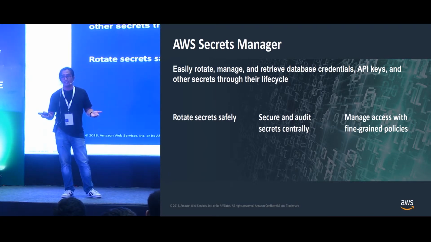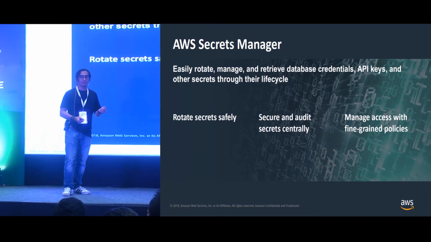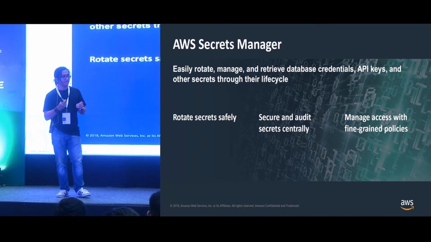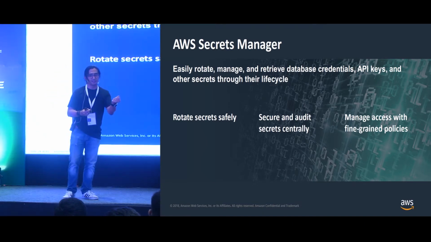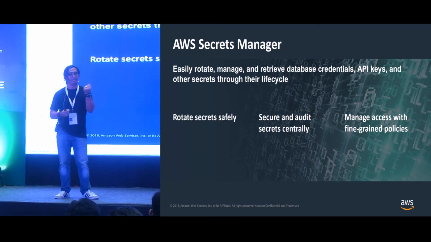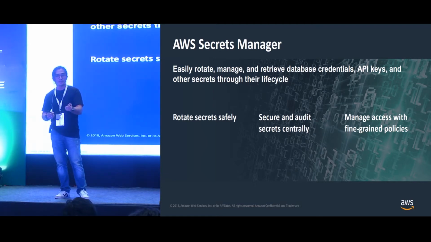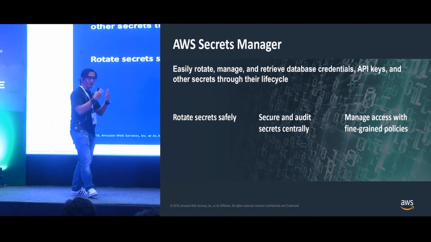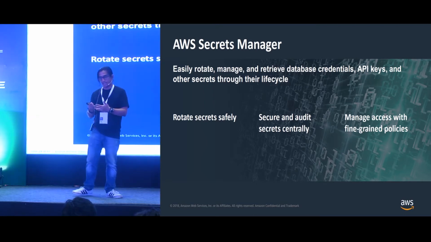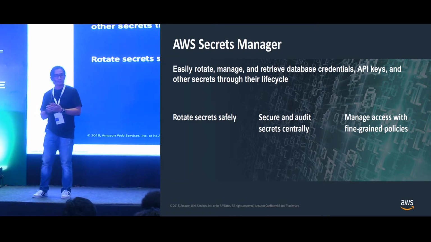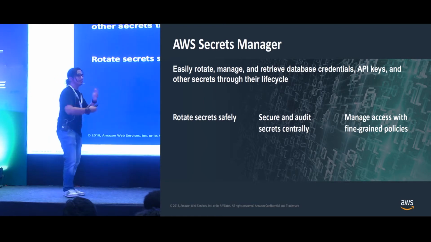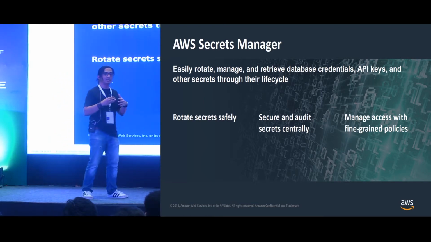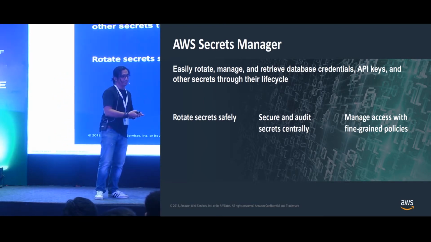It's centralized. These two services share this characteristic: centralized configurations and centralized secrets management. When it comes to updating those configurations and secrets, you don't need to redeploy your application, because you can change them on the fly.